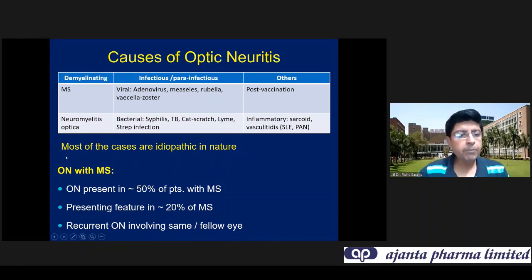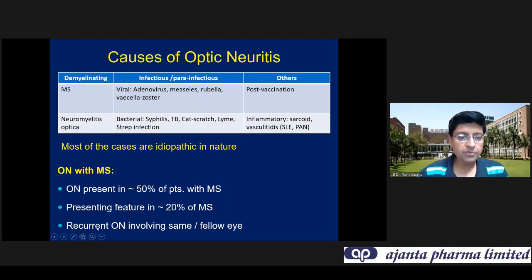The most important association that we have learned over time is the association of optic neuritis with multiple sclerosis. And it is a very key association because 50% of multiple sclerosis patients will have optic neuritis sometime during their course of the disease, and in fact it is the presenting feature in almost 20% of MS. So optic neuritis forms a very, very high component of patients who have or later on develop multiple sclerosis.